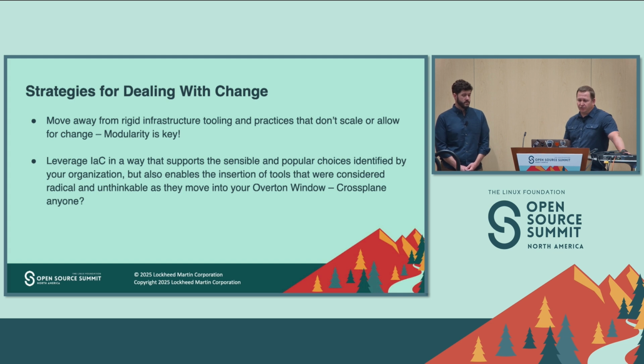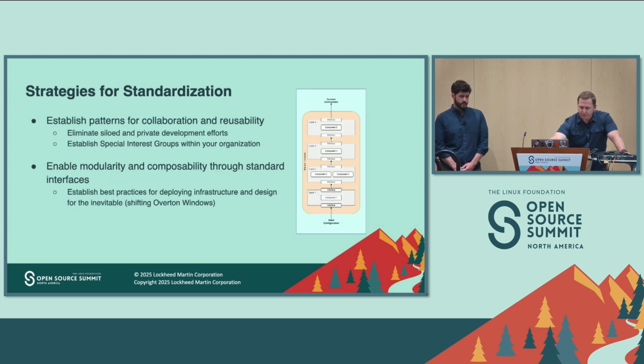Make sure you're leveraging infrastructure as code in a way that supports the sensible and popular choices within your organization, those that are within your window, but make sure that it supports those radical or more unthinkable tools or products that may eventually be part of your window as people's opinions start to shift. Crossplane being one of those.